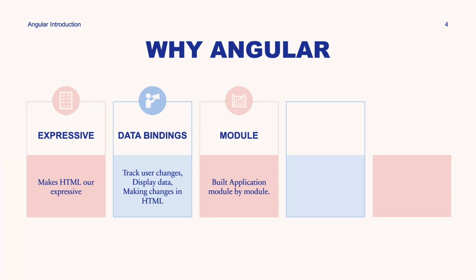If we are using a primary button in one place on one page, and now we want to use that primary button on a second page, it will look and feel the same way on both pages, because we have a module with a primary button that we use in both places. And if we make a change to that button, it will affect both places. That's how it makes our life very easy as a developer.